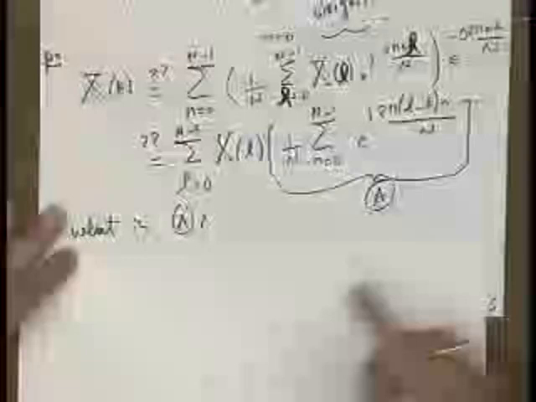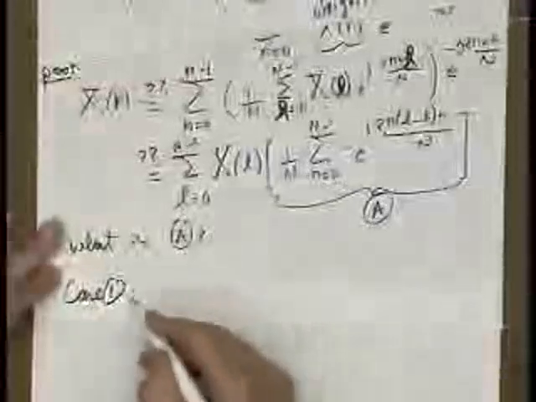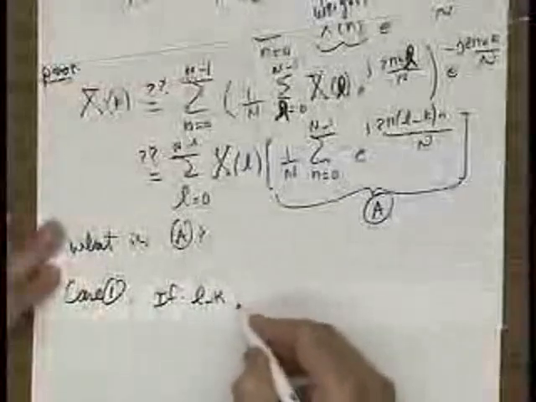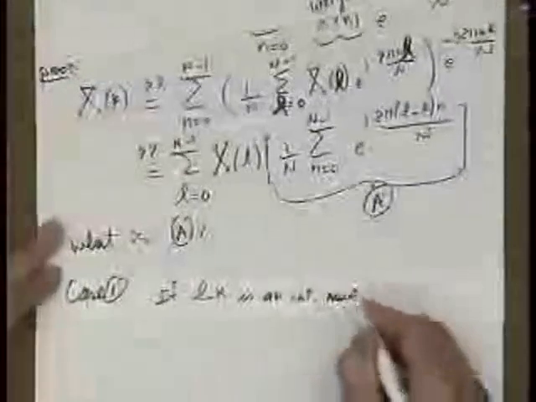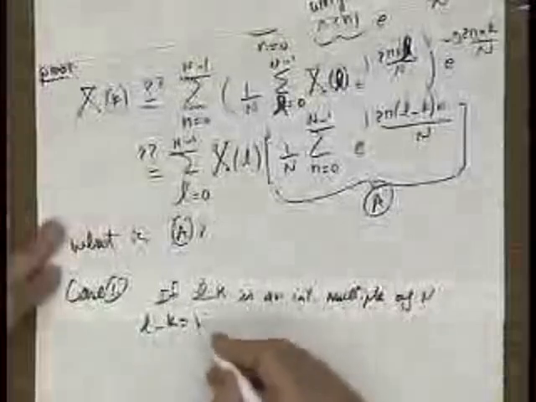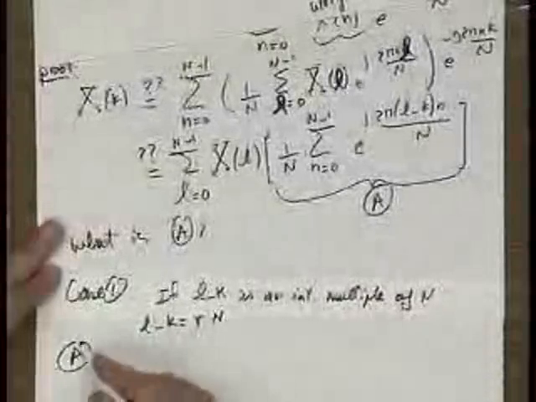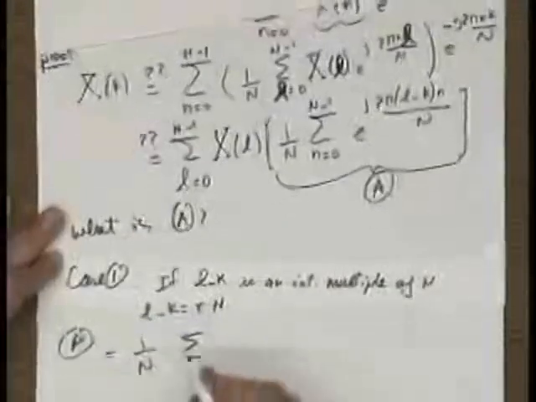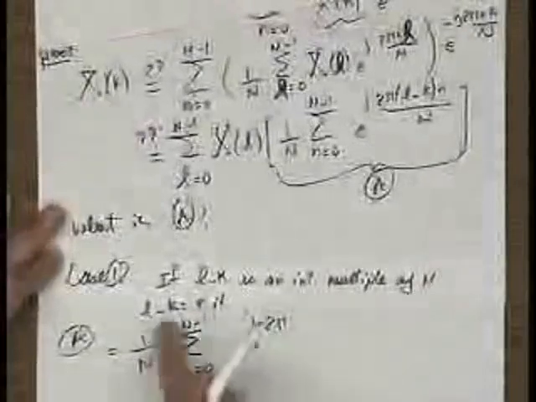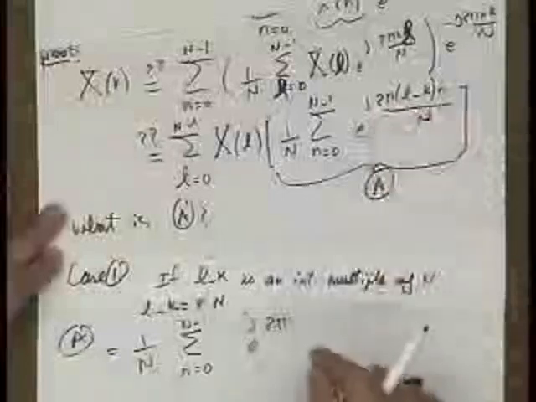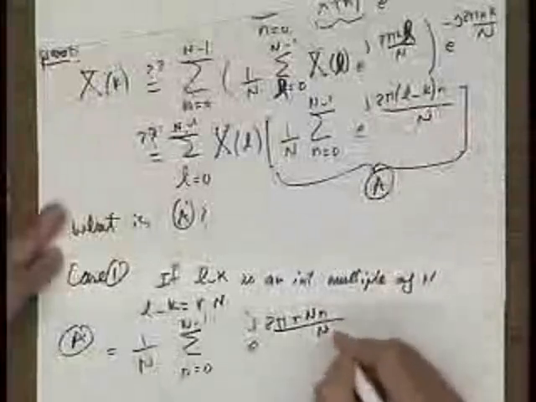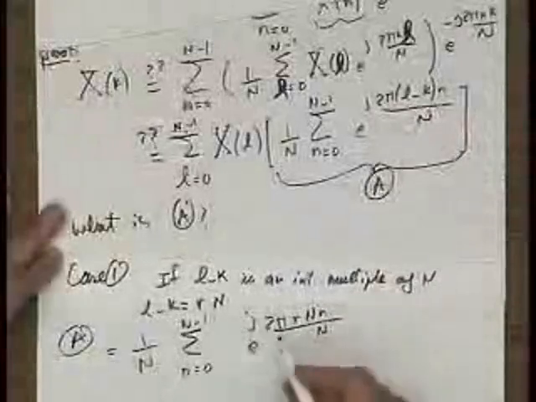Case 1: if L minus k is an integer multiple of N, in other words, L minus k is R times N, then A becomes 1 over N, summation of n equals 0 to N minus 1 of e to the j 2 pi, and now I'm going to replace L minus k here with RN, times n over N. So these N's cancel out, and I get e to the j 2 pi Rn.